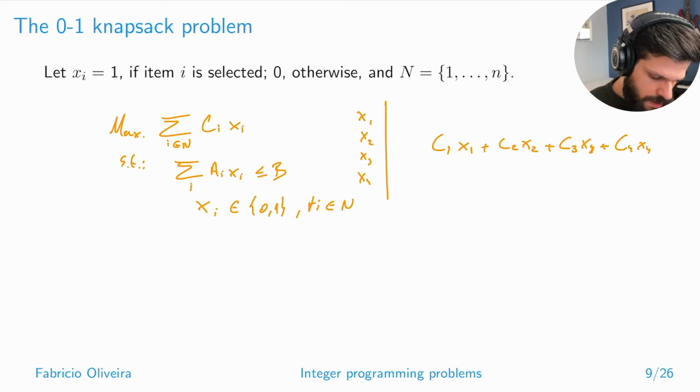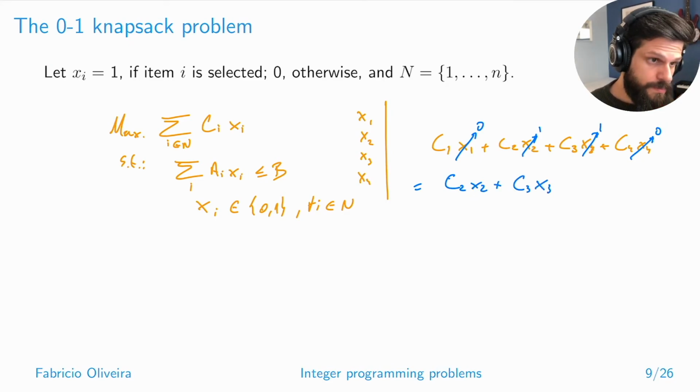And if my selection is 0, 1, 1, and 0, my final cost is c2 x2 plus c3 x3, which, by the way, I should actually write like this, because x1 is 1, and that's what I was trying to show. So that's how it selects the costs. And likewise, you will have A2 plus A3 less than B, which hopefully is the case, so this is feasible.